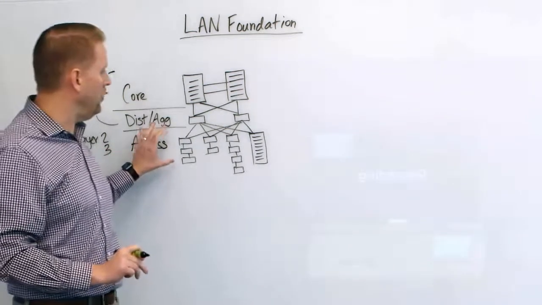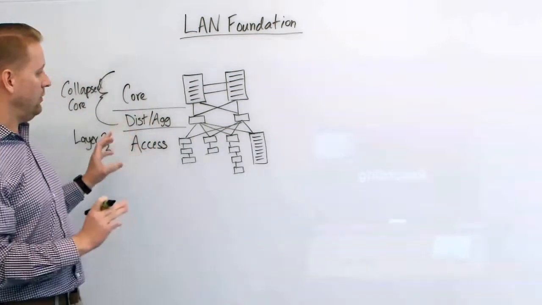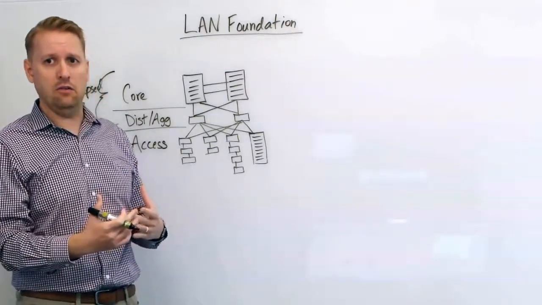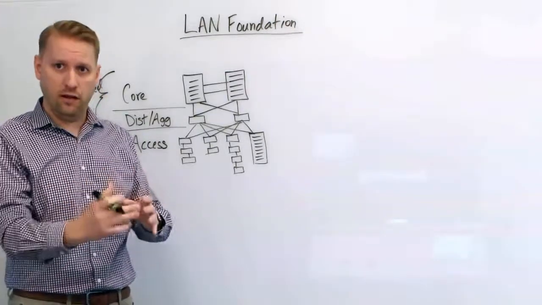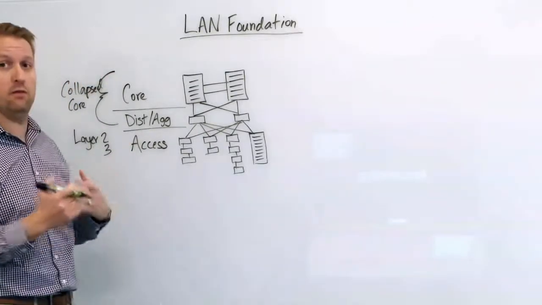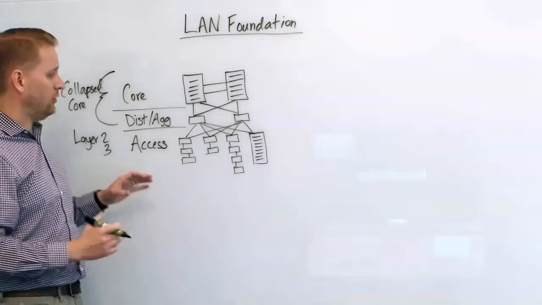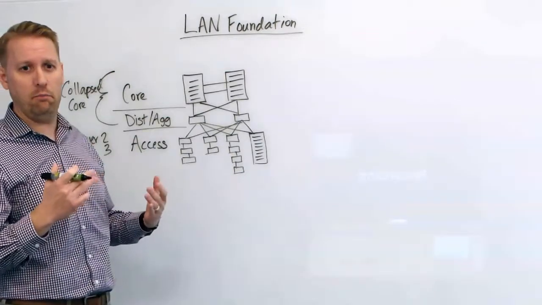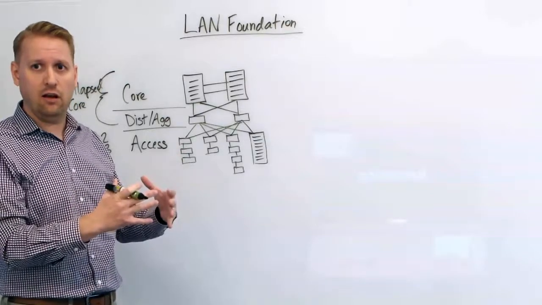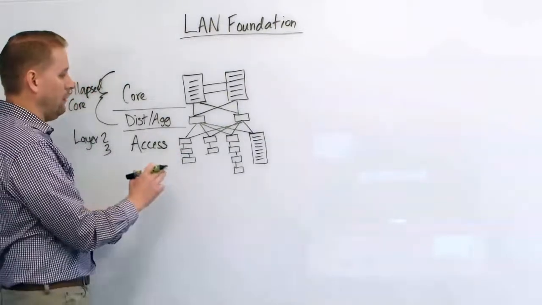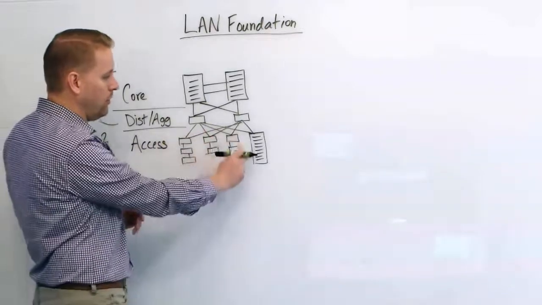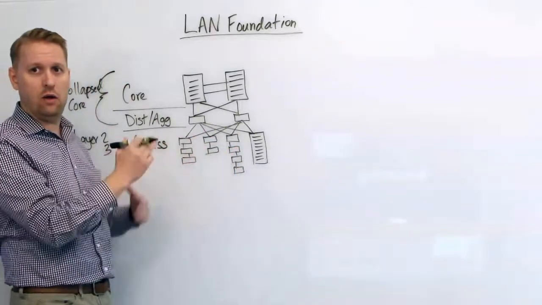So layer 2 essentially just means that this allows us to segment our network into different virtual segments or virtual local area networks, often referred to as VLANs. So we do this partly for security reasons, partly to shrink the size of our network. So we create these boundaries called VLANs, and you can put an individual port within a switch into a VLAN.